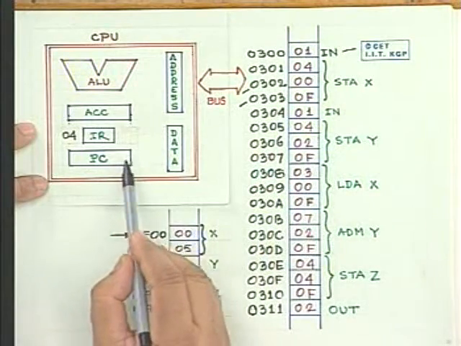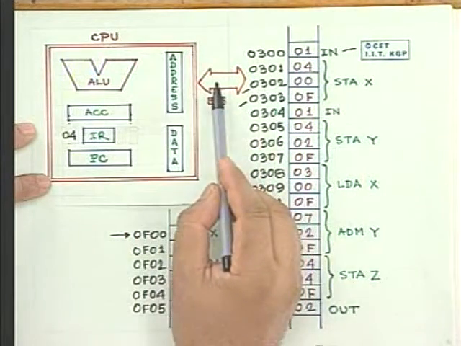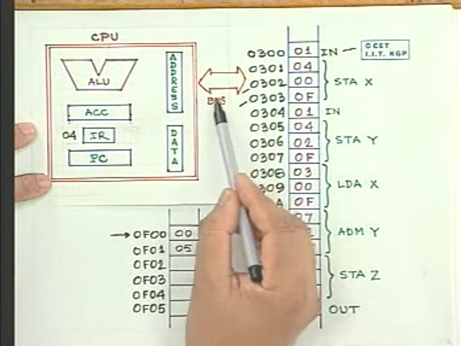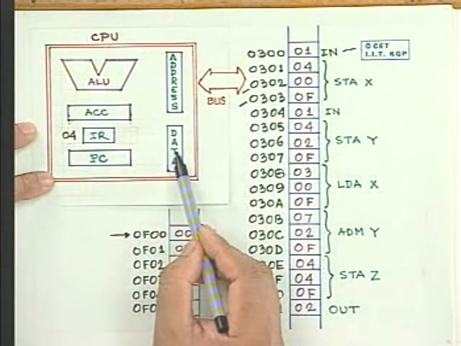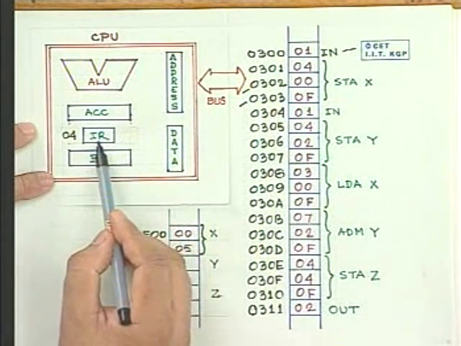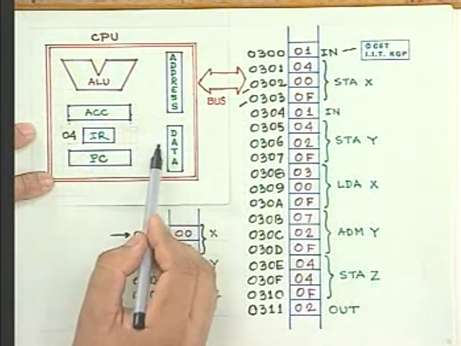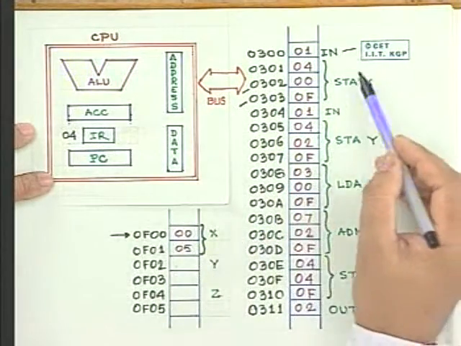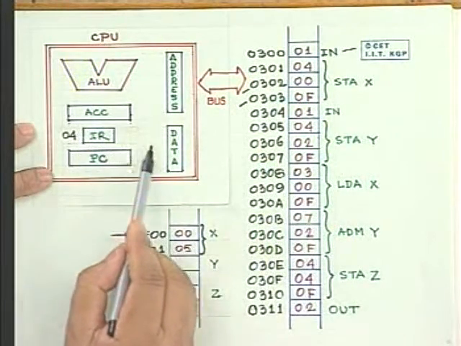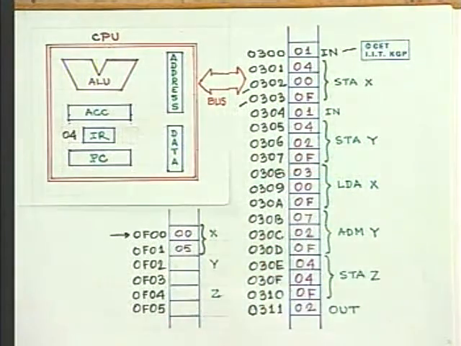The content of the program counter will be sent to the address buffer. That address buffer will point to the memory location. The content of that memory location will come into the data register, and from the data register it will come into either an instruction register, as I have said in the case of an instruction fetch, or into that accumulator if I am executing say an IN instruction, or the content of the accumulator will go into the proper memory location as the instruction dictates.